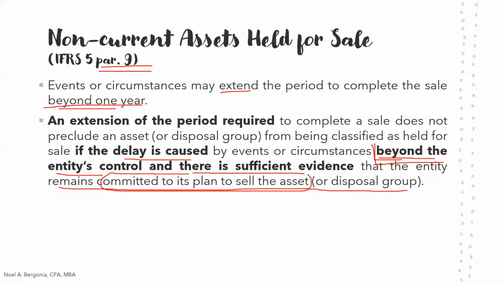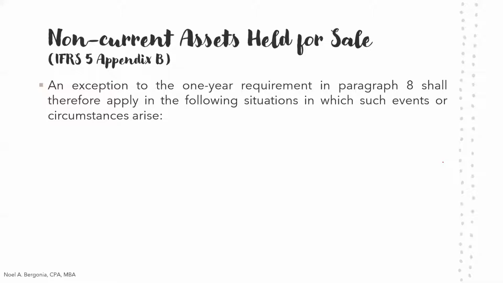Okay? So in addition to that, meron din po nakalagay under the appendix of IFRS number 5, appendix B. So an exception to the 1-year requirement in paragraph 8. So yung paragraph 8 kanina is yung highly probable, di ba? That it should be disposed within 1 year shall therefore apply in the following situation which such events or circumstances arise. So ito yung mga circumstances na binabanggit.